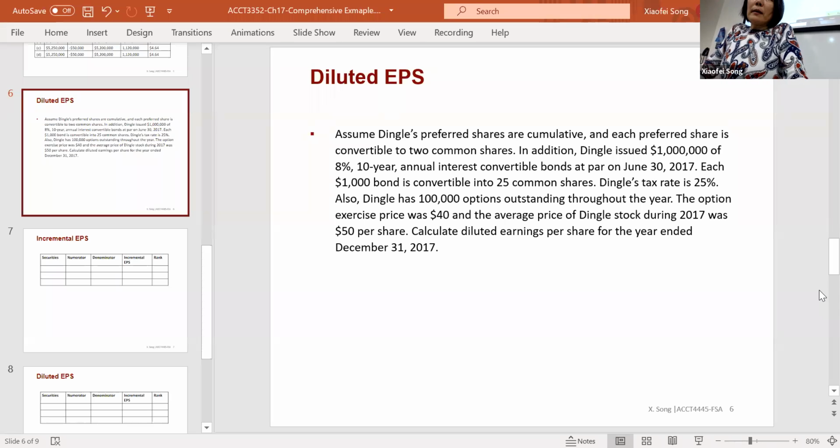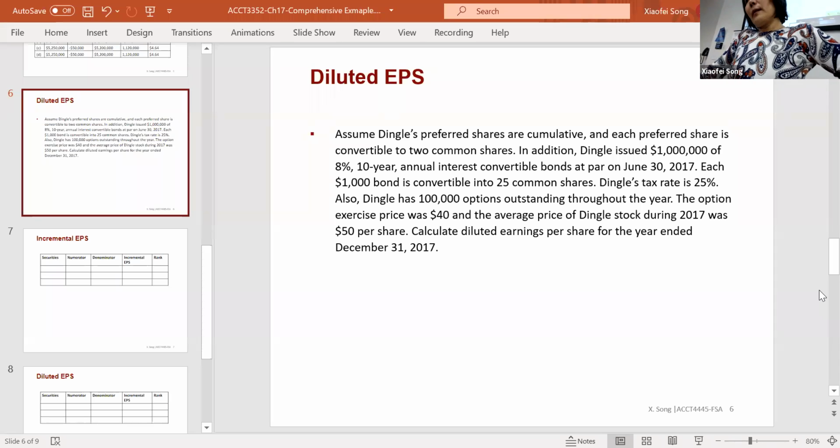We pick the basic earnings per share being $4.64 as our starting point for this part. So that is our basic earnings per share.